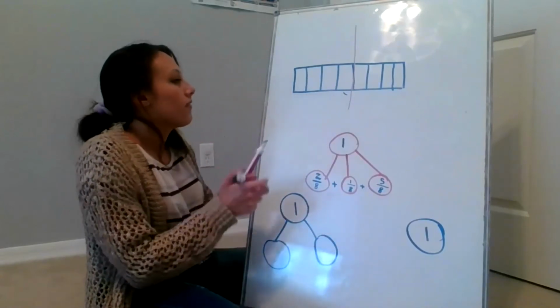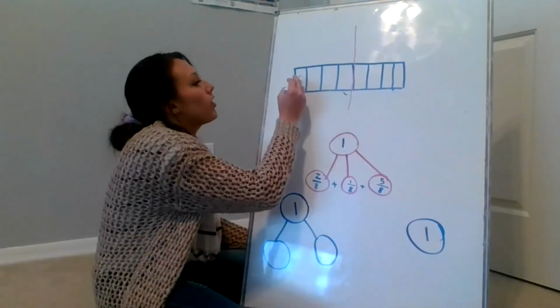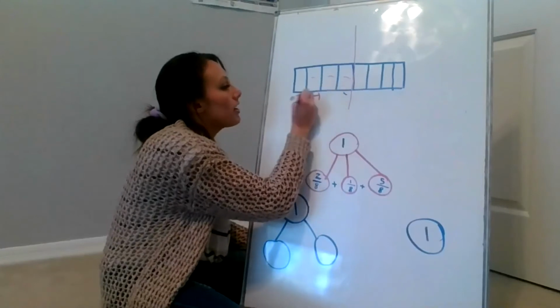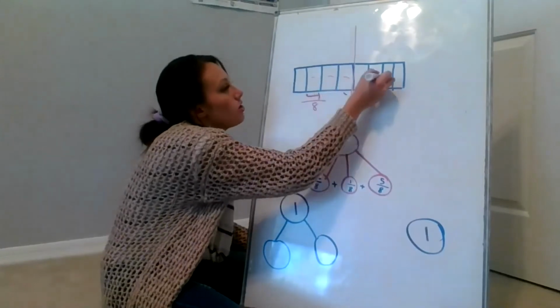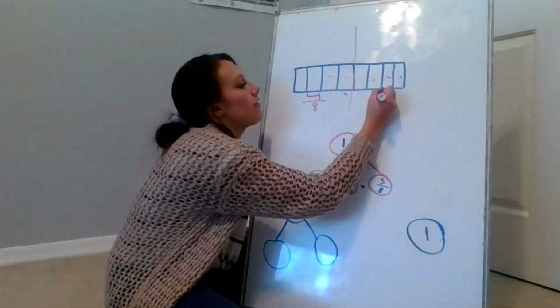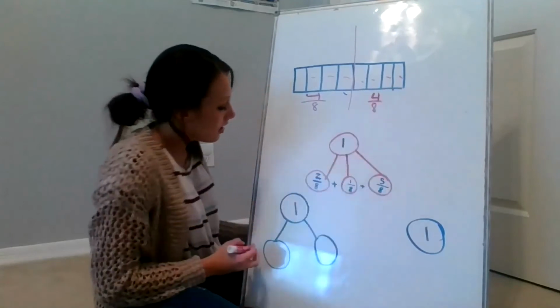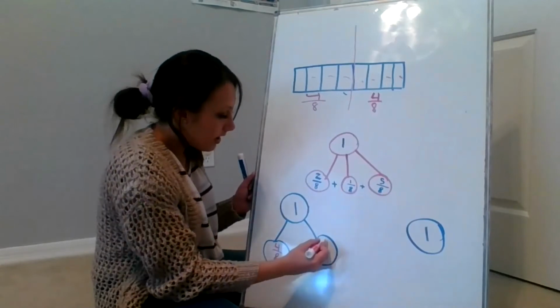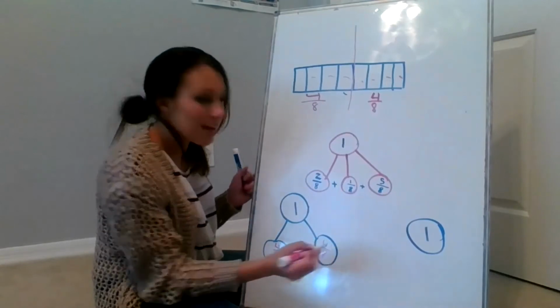On this side of our diagram, we have 1, 2, 3, 4 sections. So we have 4 8ths. And we have 1, 2, 3, 4 sections. So we have 4 8ths. So in my bond down here, I would write 4 over 8 and 4 over 8.